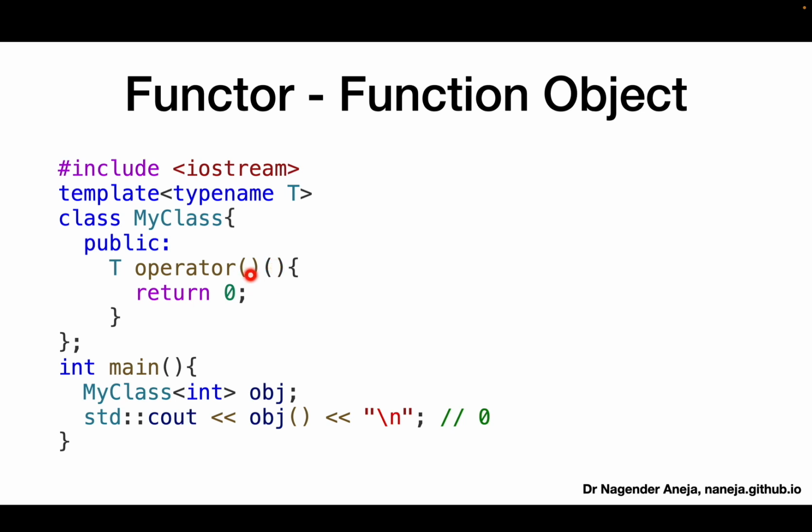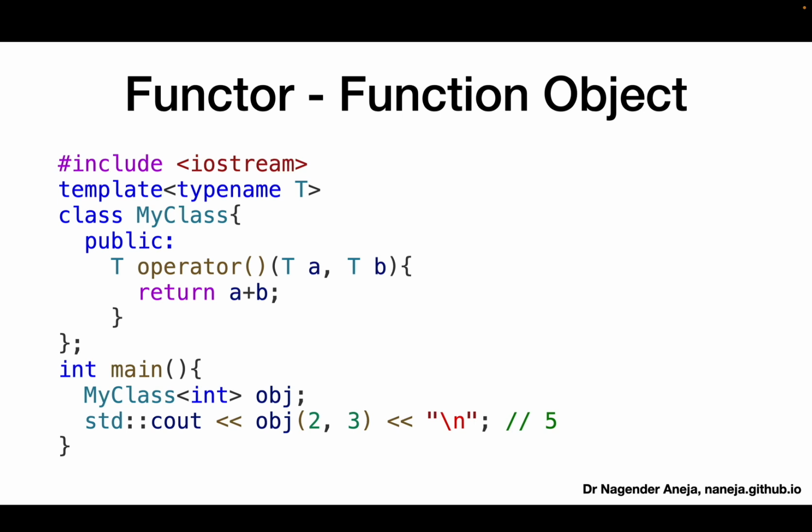We have overloaded this operator and it returns 0. It means that if you create an object of my class and treat it as a function, that function will return 0. So we add the parentheses to the object and cout says it's 0, because we defined it as 0.